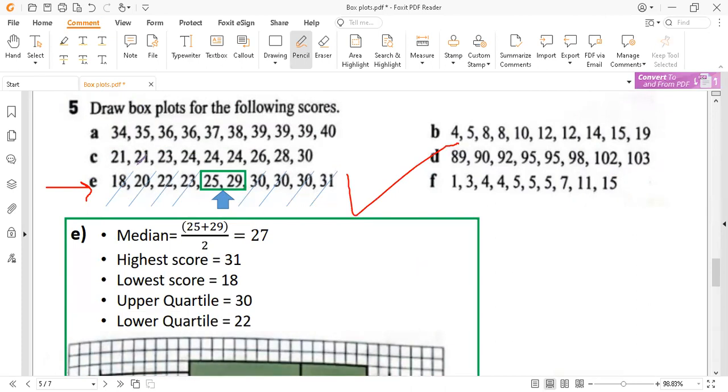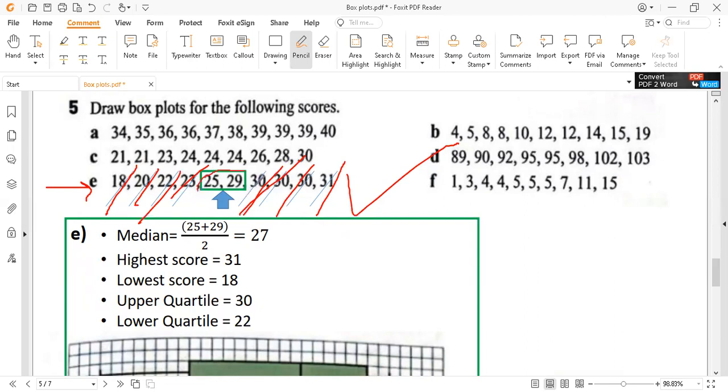We can use the manual way. We cross out a value from the right and from the left at the same time, simultaneously, to finally obtain the middle value or the two middle values. So one from here, one from here, one from here, one from here, one from here, and one from here.